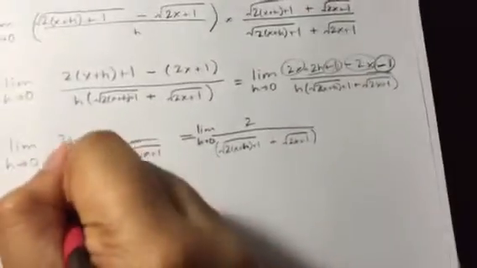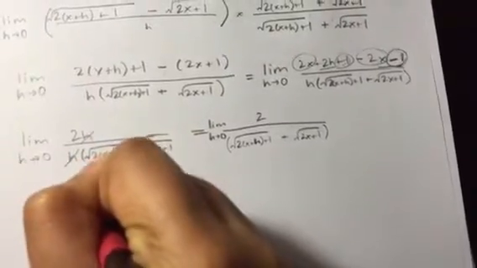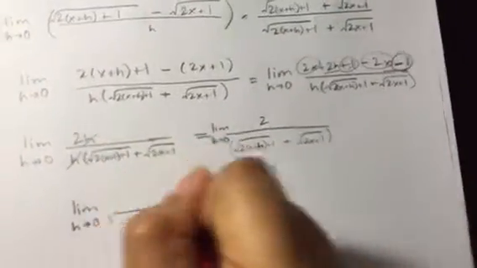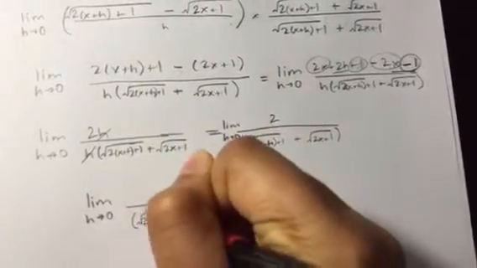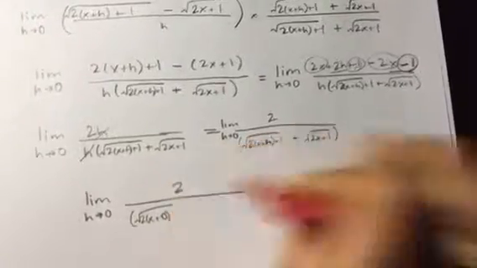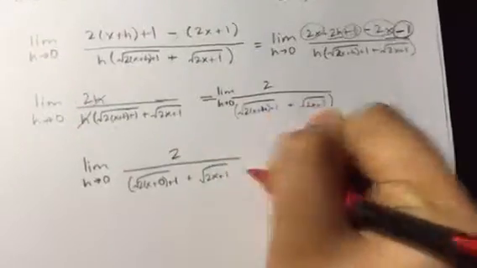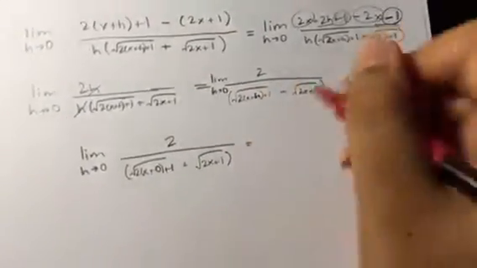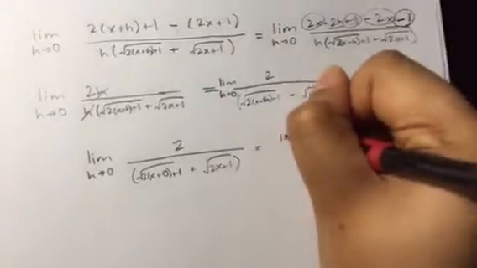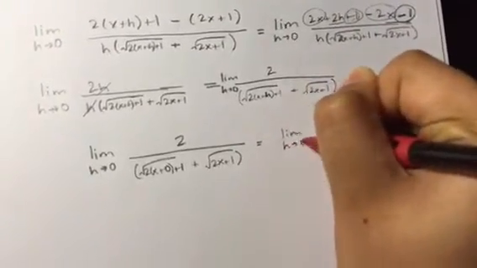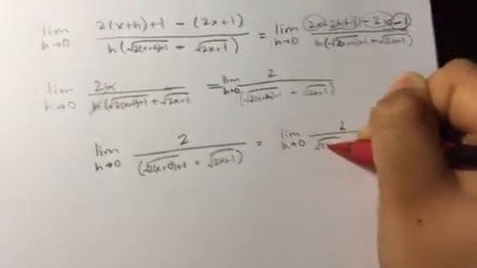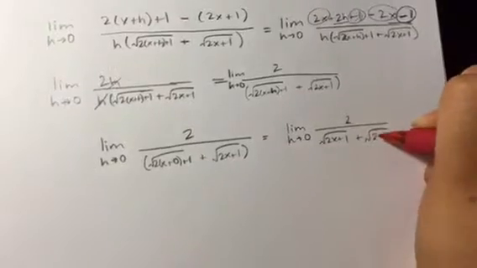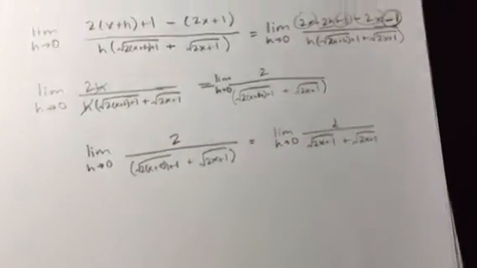So then from there, you'd go to the limit as h approaches 0 equals 2 over the square root of 2x plus 0, because you're plugging in for h, plus 1 plus, and then everything else is basically the same because that was the only h you had there. So when you distribute this all out, this will just be the square root of 2x plus 1 plus the square root of 2x plus 1 again.